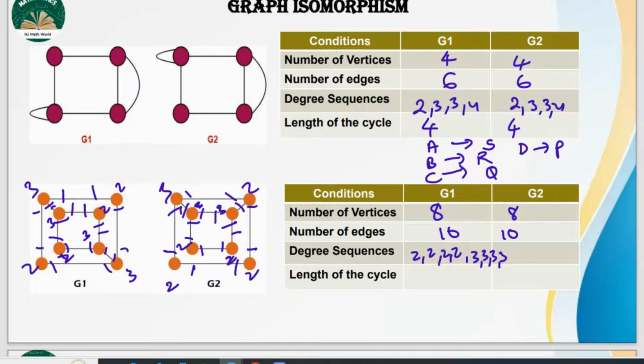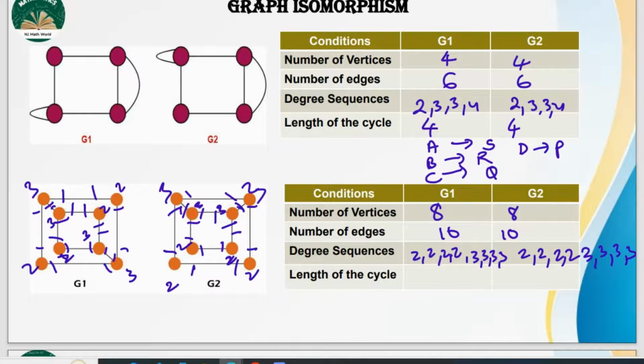So here it is 2, 2, 2, 2, 1, 2. Here 2, 1, 2, 1, 1, 2. Then here is also 1 and 2, 3. Here it is 3. So here it is 1, 2, 3, 4, and then 3 is 1, 2, 3, 4. It is 4. So the degree sequence is also the same for both graphs.